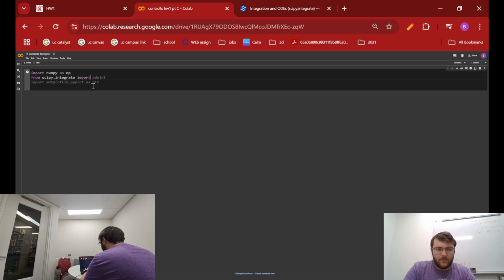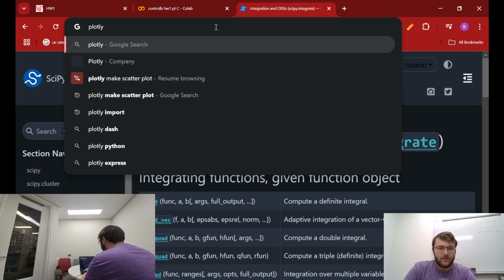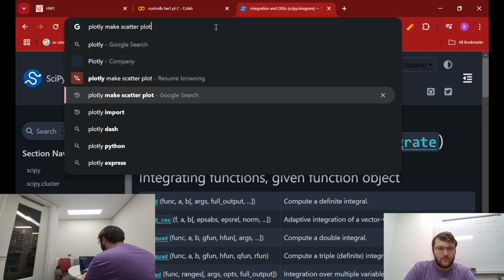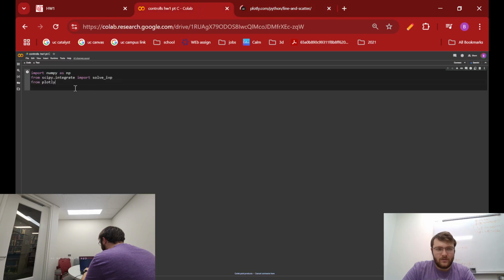From SciPy.integrate import solve_ivp, and then from plotly, that one we're going to come back to.